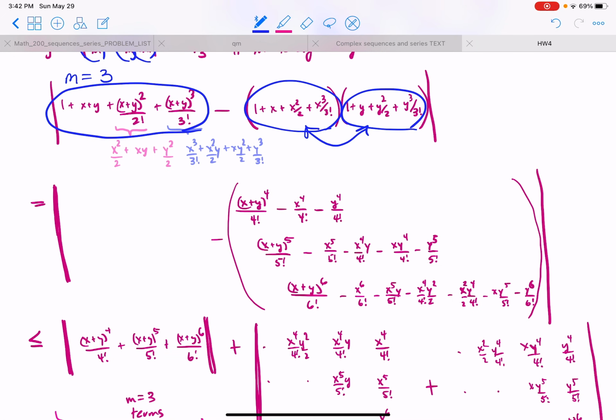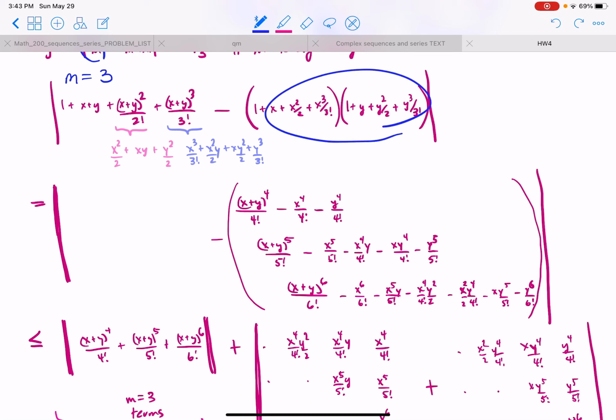It was wrong. Anyway, okay, so if we expand this part out, we get this. If we expand this, we get this. And you see that you're going to get all these terms over here as well. Like, where will we get x squared over 2? We'll get it from here times here. And so the minus sign will cancel it. And so where will we get a 1 times a 1 will cancel this one.